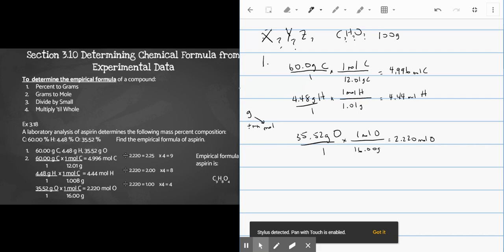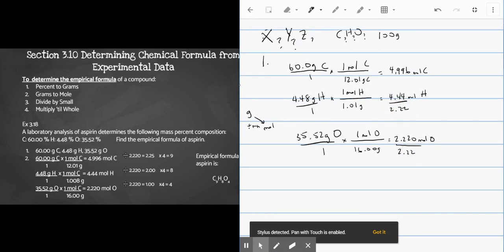So we have changed percent to grams, check. Grams to moles, check. Now divide all of them by the smallest number. Well, that would be this one right here, so this is our smallest. I'm going to divide each of them by 2.22.